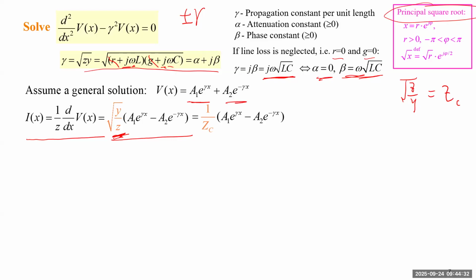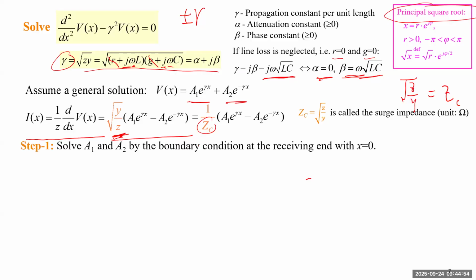ZC is called the surge impedance. We'll talk about this surge impedance later. This also has physical meaning. Right now, you just think we introduce gamma and ZC to make the equation simpler. We call it surge impedance because it really means some impedance. The unit is the same as impedance, in ohms.